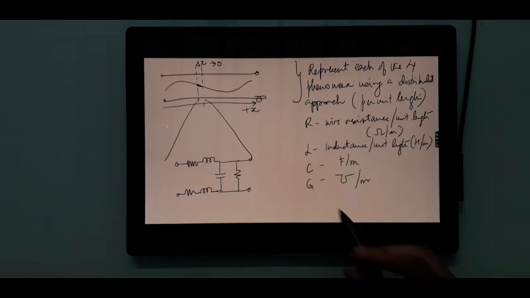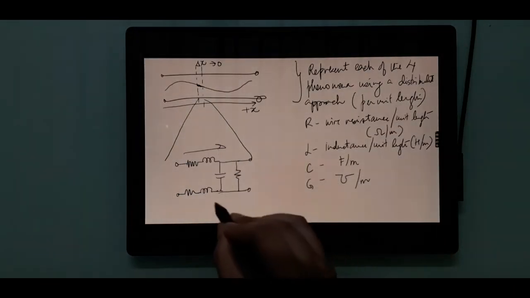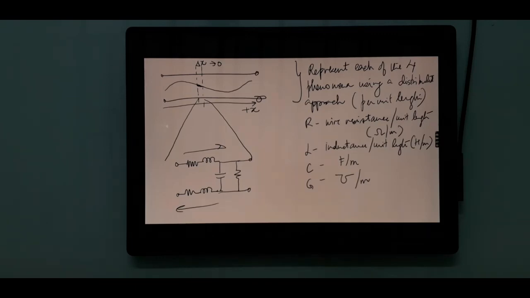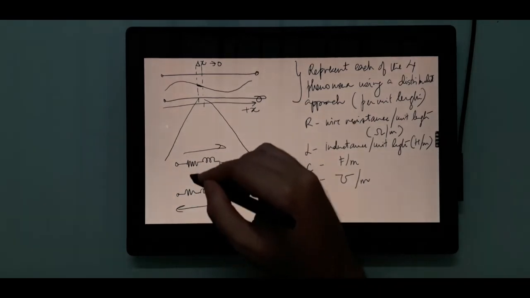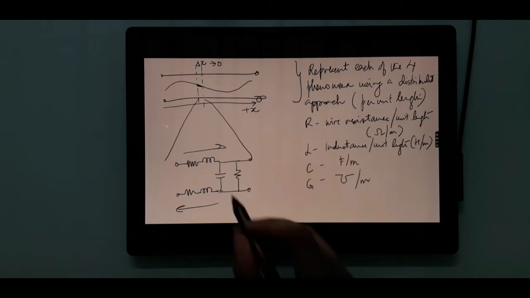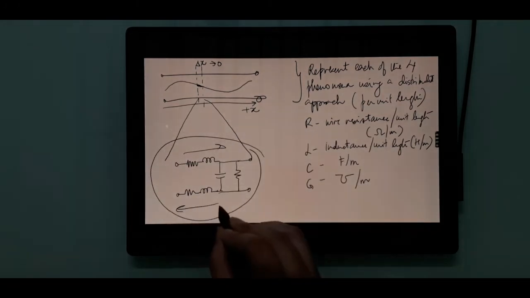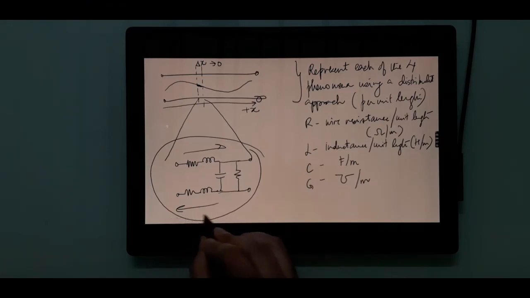Now, if you assume that the line has to terminate somewhere, and the current flowing this way comes back this side, we can definitely add the two resistances and the two inductors in series. Note that this entire thing is over a length of delta x.